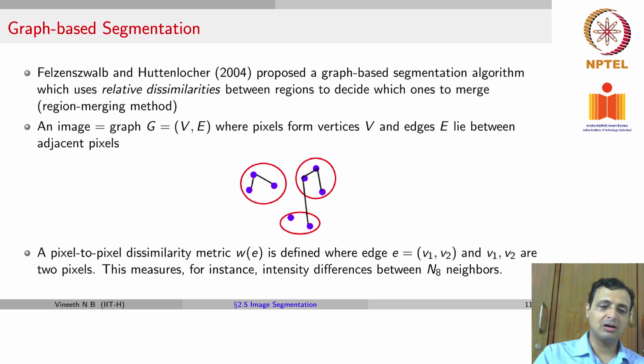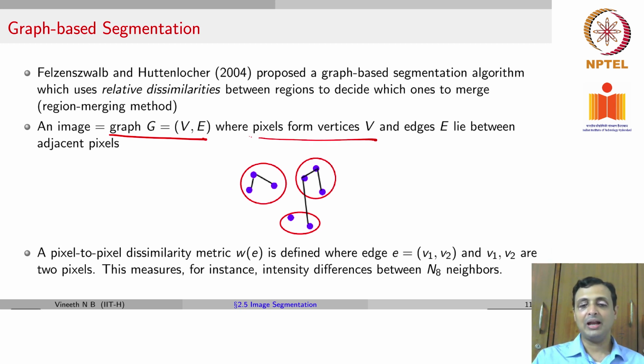So if you consider an image as a graph G with vertices V and edges E, so you have a set of vertices and a set of edges, the pixels form your vertices initially, and edges are defined between adjacent pixels. So we define a pixel to pixel dissimilarity metric. For example, this could be based on the intensity values in these two pixels. You could also define this using more sophisticated mechanisms by taking a neighborhood and oriented gradients and so on and so forth.